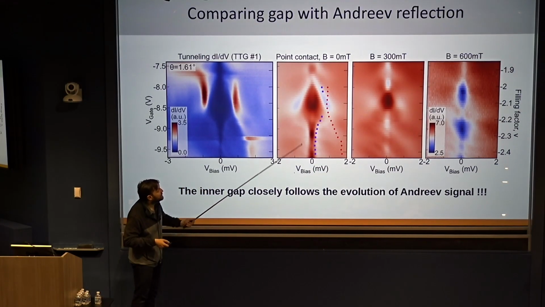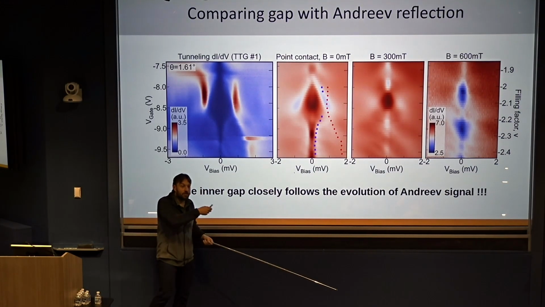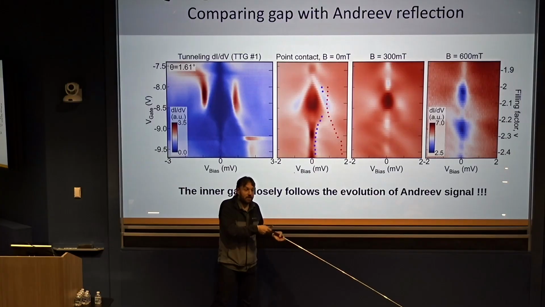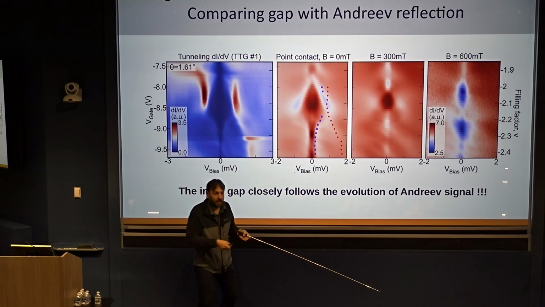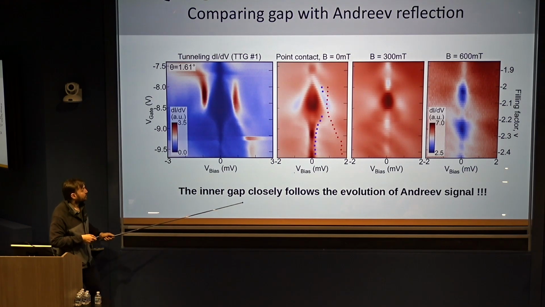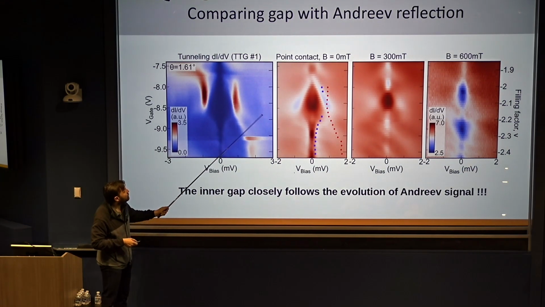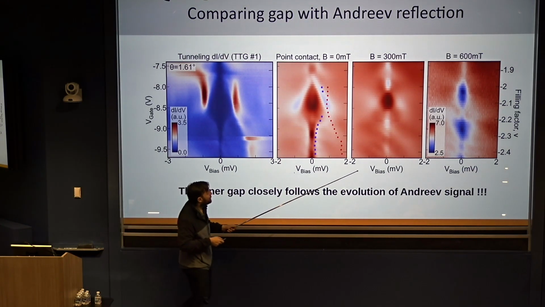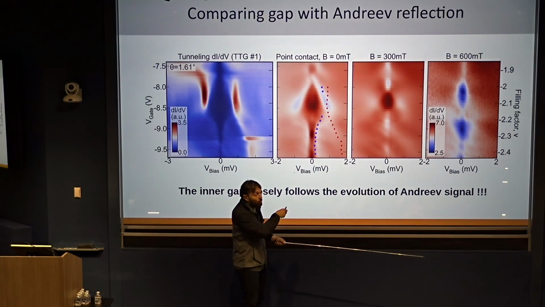You can see that at least the Andreev signal follows closely the behavior of the small gap in this range of fillings, okay?